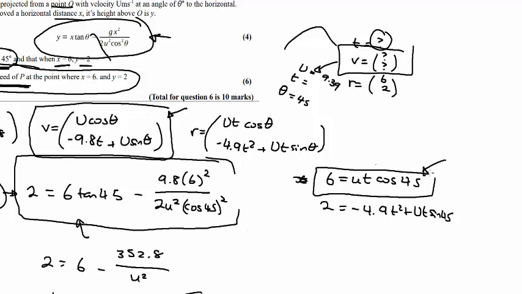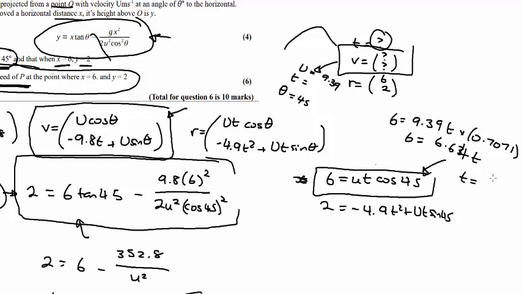Let's use this one, it looks pretty nice. U equals, we know that's 9.39. We want t, and it's going to be times cos 45, which is root 2 over 2. I'm just going to put the number in, 0.7071. So 6 equals 9.39 times 0.7071, which is 6.64 t.